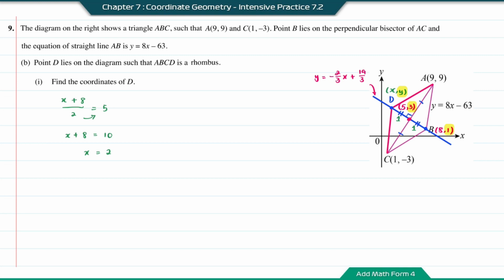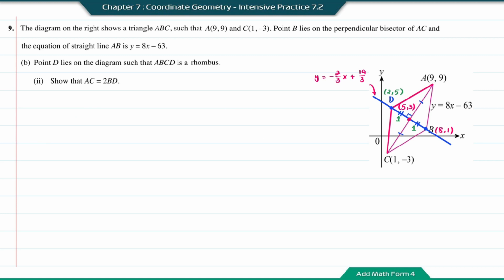As for the y coordinate, 1 times y plus 1 times 1 divided by the total ratio will give us the y coordinate of the midpoint, which is 3. So y plus 1 is equal to 3 times 2, which is 6. So y is equal to 6 minus 1, which is equal to 5. Therefore, the coordinates of the point D will be (2, 5).